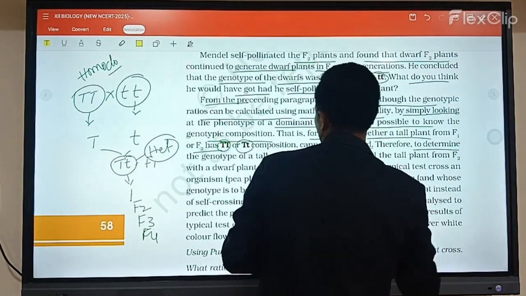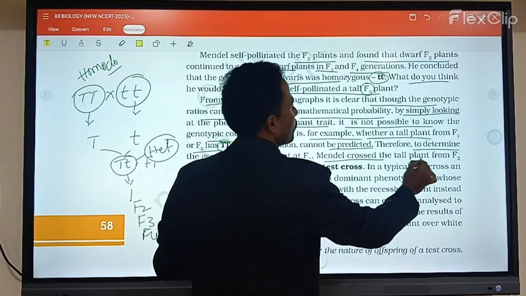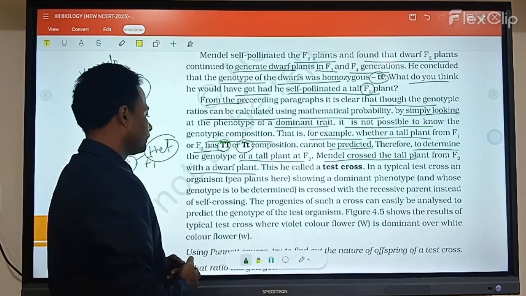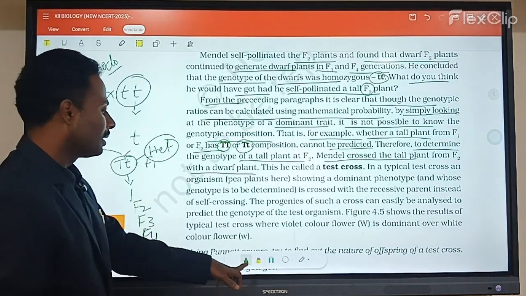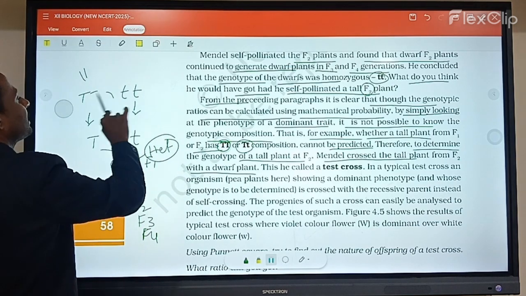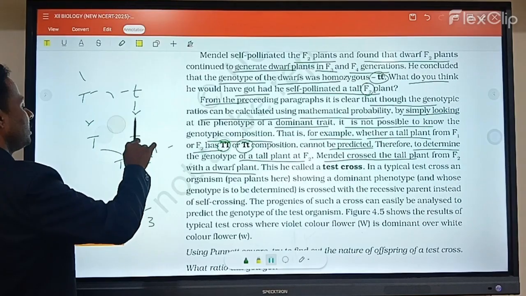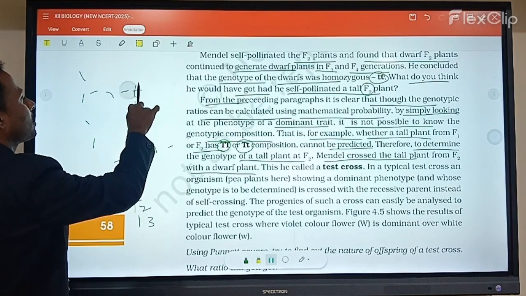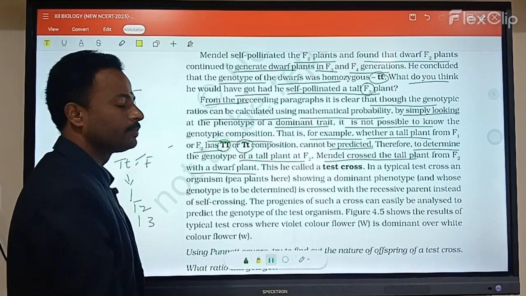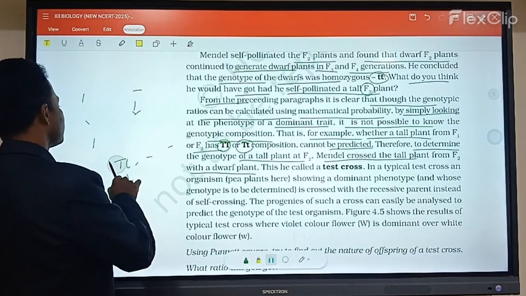Therefore, to determine the genotype of the tall plants in the F2, Mendel crossed a tall plant from the F2 with a dwarf plant. Mendel crossed the heterozygous plants with the completely homozygous recessive plants.